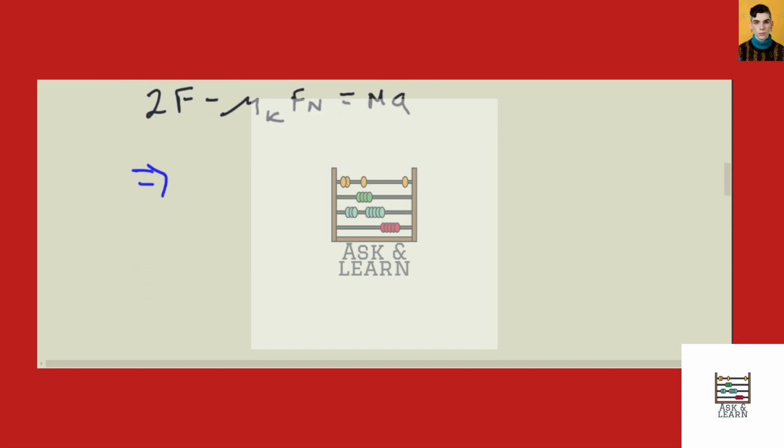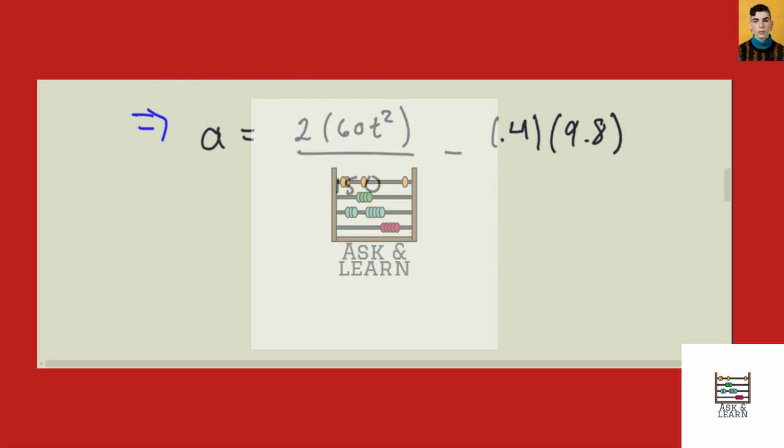So a is equal to 2 times F, which is 60 t squared, divided by m, which we know is 150, minus the coefficient of kinetic friction, 0.4, times the normal force, which is mg, so the mass is canceled and we're just left with gravity, 9.8.